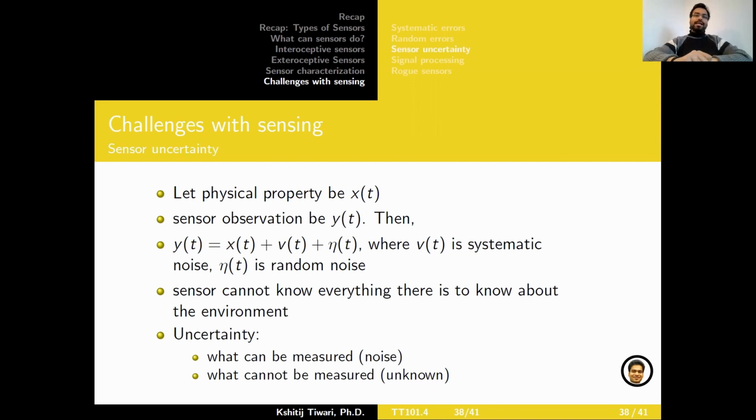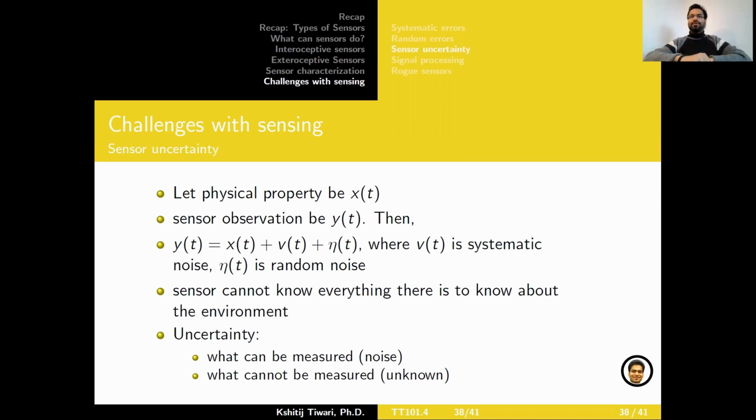So another challenge, aside from the fact that it's a noisy observation, is that the sensor cannot know everything there is to know about the environment. It only gets limited observations for you, right? So the uncertainty is of two kinds: with respect to what can be measured, in terms of the noise, because you have a noisy observation, and with respect to what cannot be measured, because there's a lot of unknown out there in the environment that the sensor cannot measure.